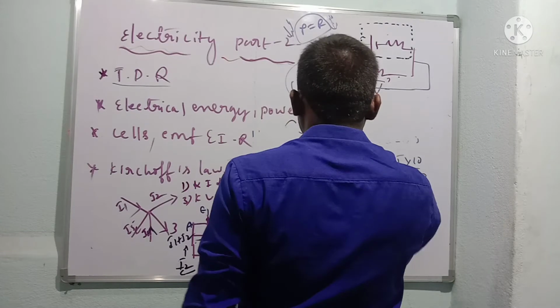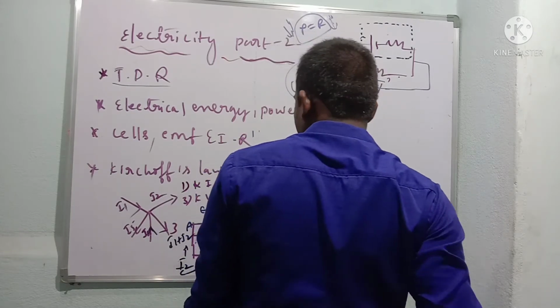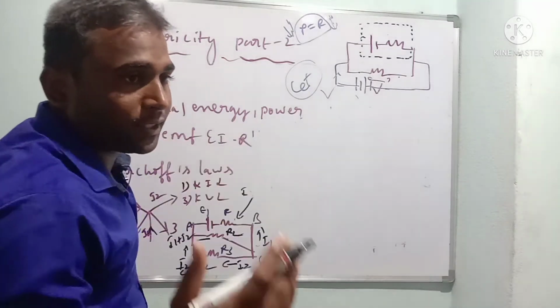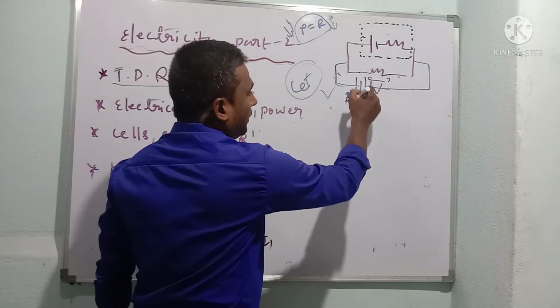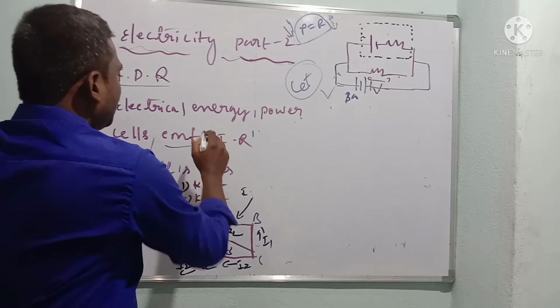So later we come to the point. Next our point is cells, EMF and internal resistance. Very easy to understand. Cells means which provide the potential difference. A cell or a battery is nothing but a group of cells. Now EMF means what, children?